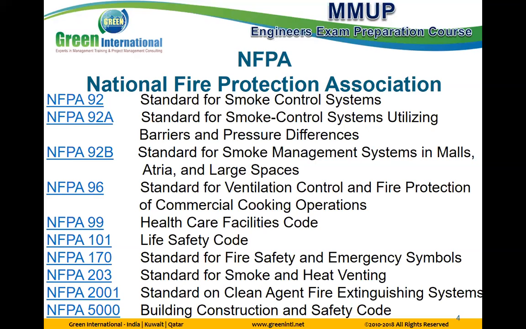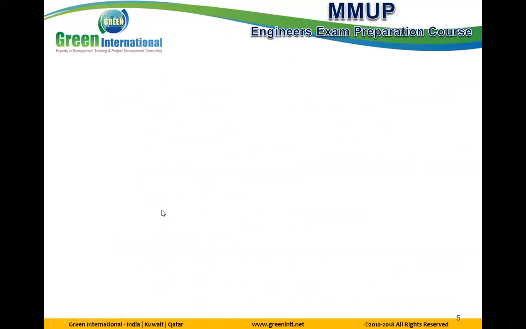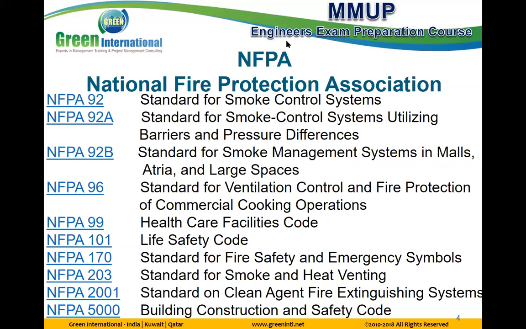96 is the standard for ventilation control and fire protection of commercial cooking operations. It means we focus on 96 for commercial cooking, anything related to kitchens. 99 focuses on healthcare facilities, any design related to hospitals and pharmacies.